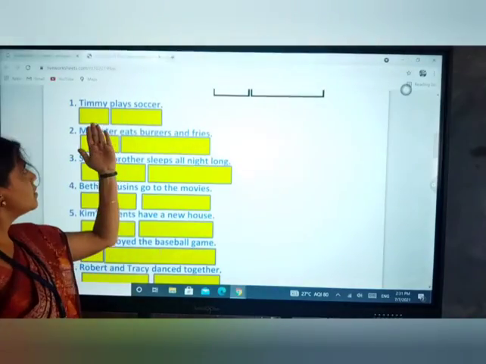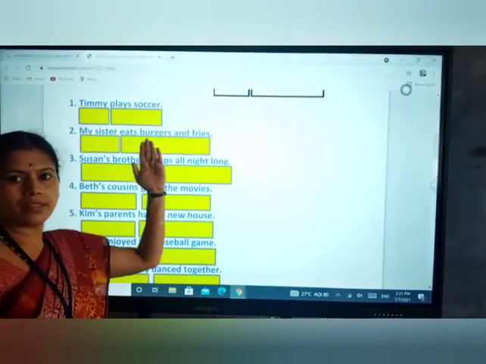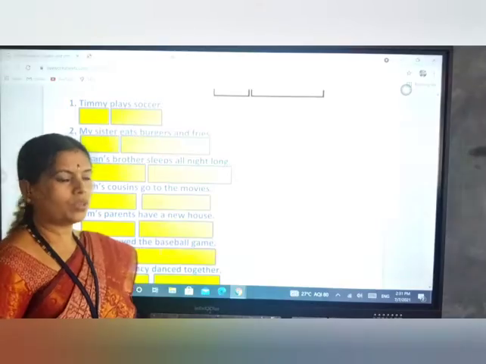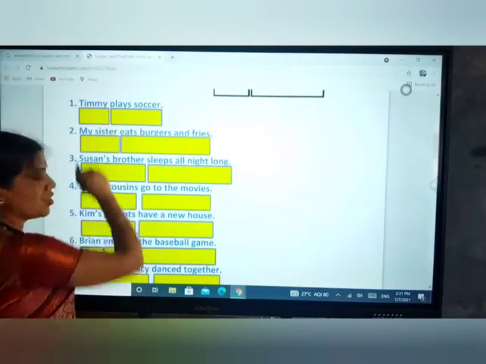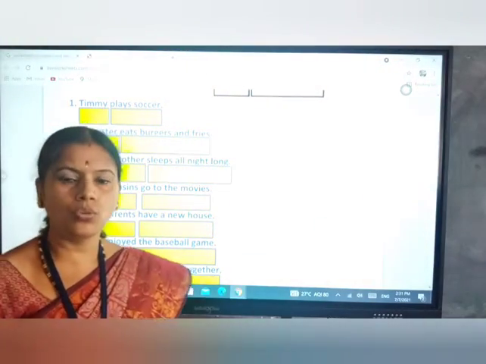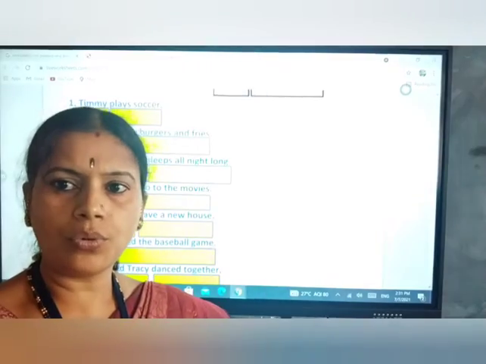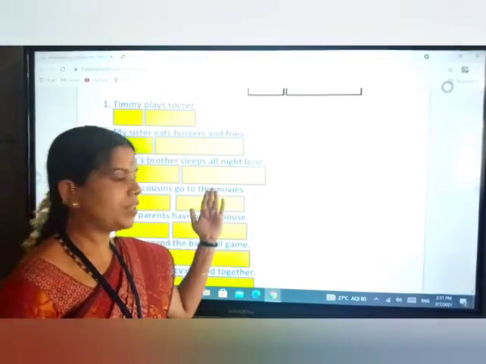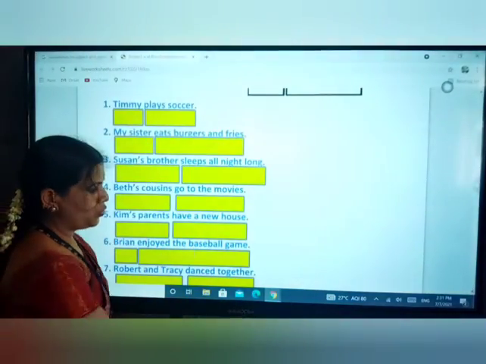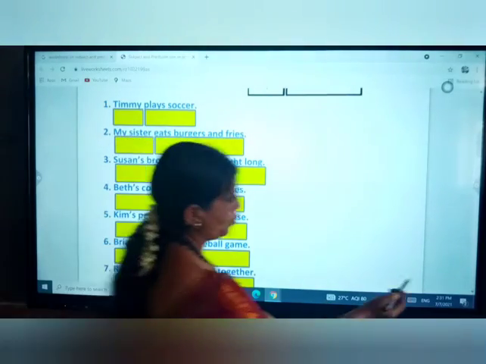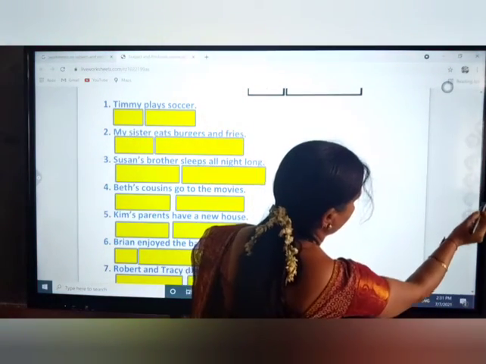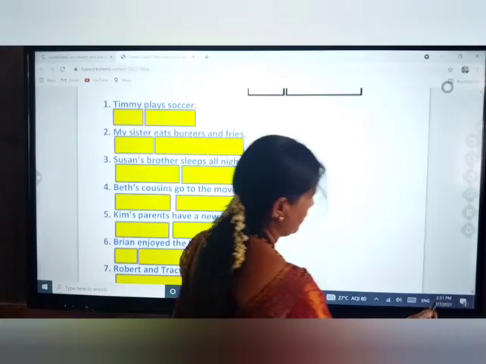the first sentence is Timmy plays soccer. So here the doer of the action is Timmy. Here the doer of the action, as I told you, is Timmy.